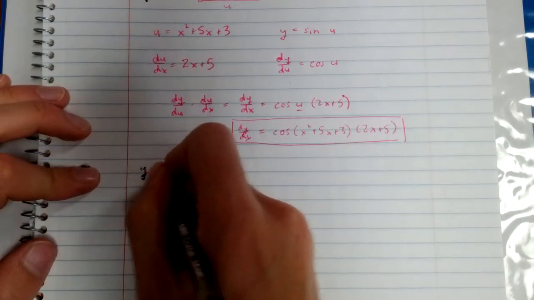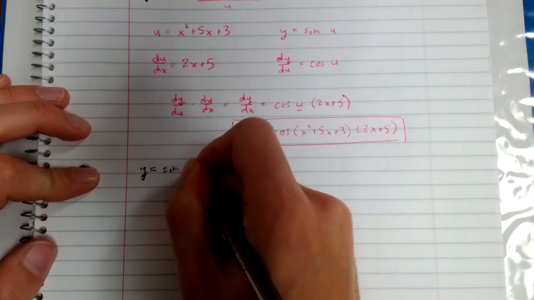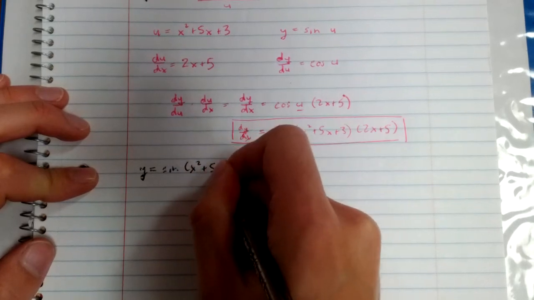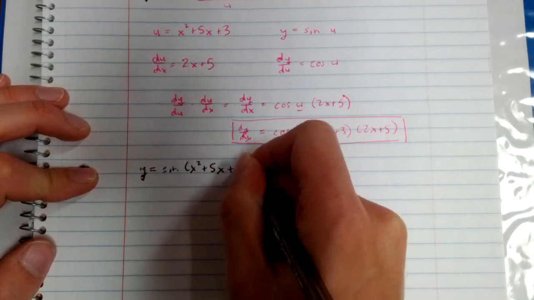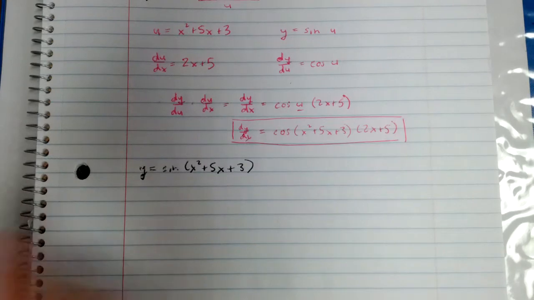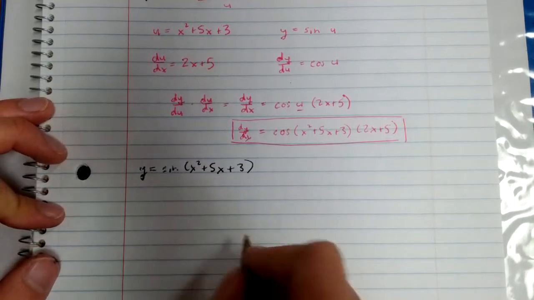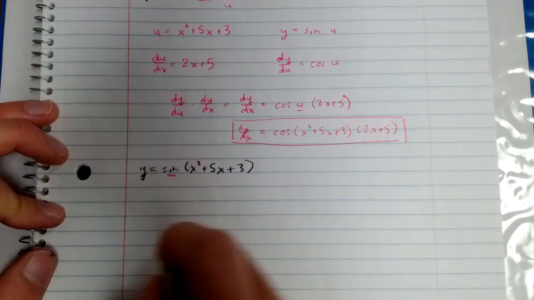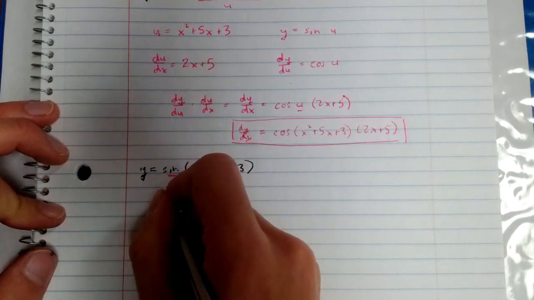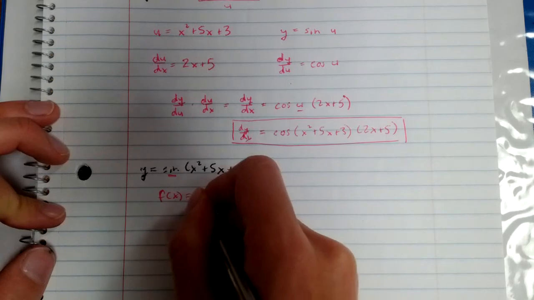Now, rewrite the problem. y equals sine of x squared plus 5x plus 3. And this time, I'm going to write this using function notation, the two different parts. I'm going to identify the outside, sine of x, as f of x.